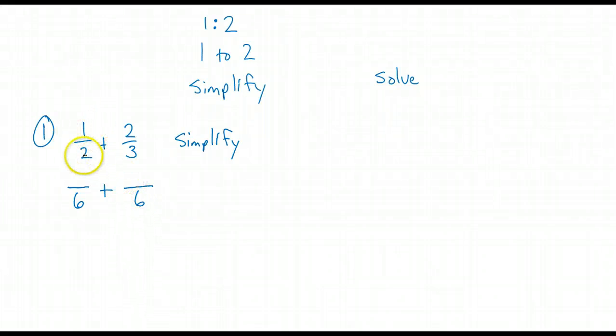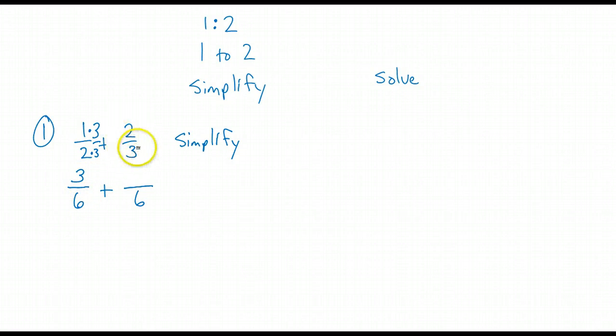So I'm going to look at 1/2. To go from 2 to 6, I needed to multiply by 3. So if I multiply the denominator by 3, I need to multiply the numerator by 3. 1 times 3 is 3. Notice that when I multiply the numerator and the denominator by 3, I'm really multiplying by 1, and multiplying by 1 doesn't change the value of this ratio. 1/2 is the same ratio as 3 to 6.